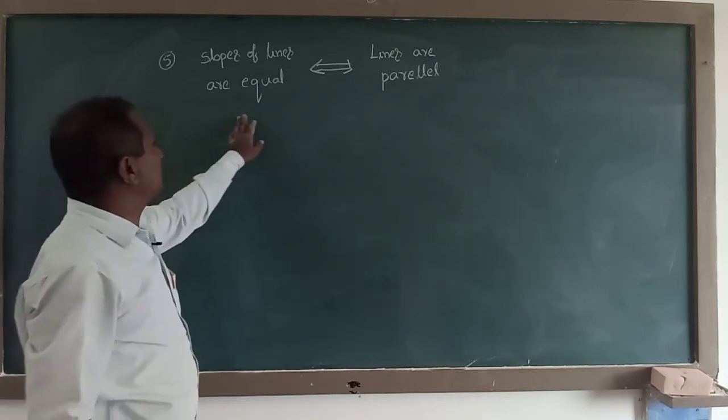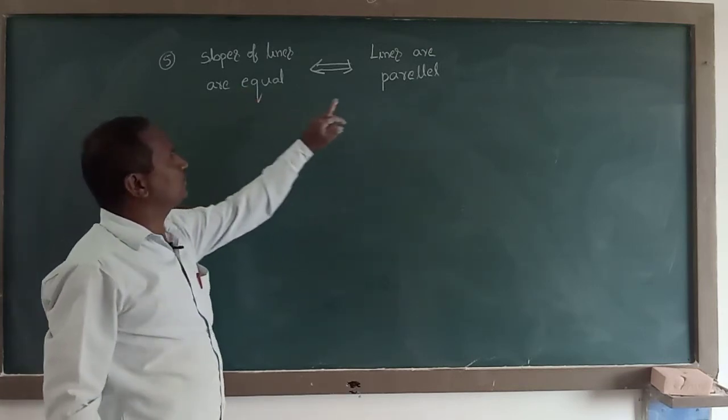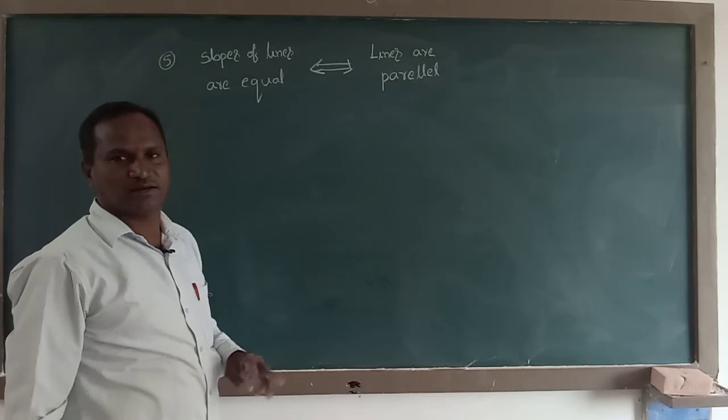Slopes of lines are equal if and only if lines are parallel.